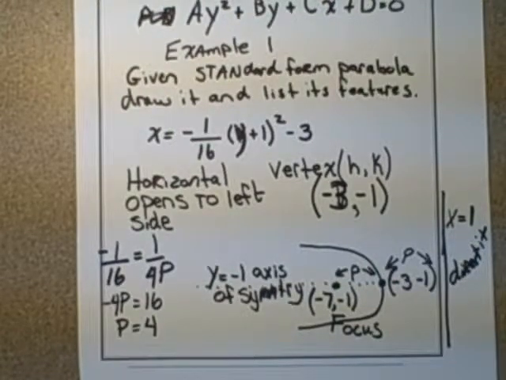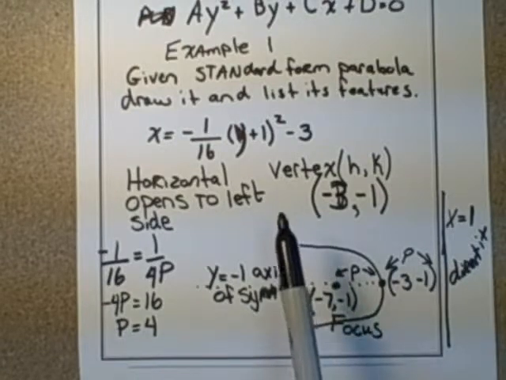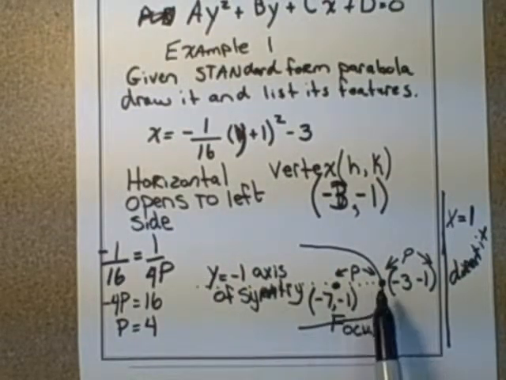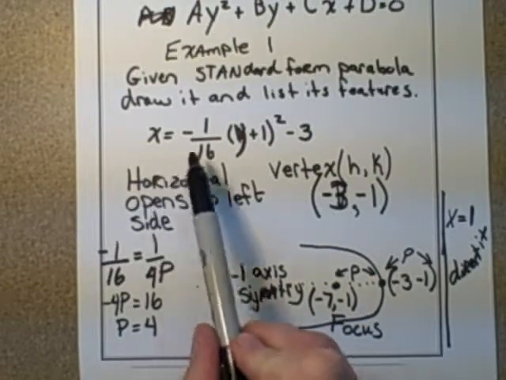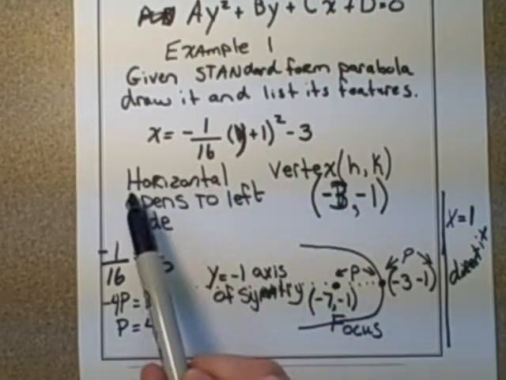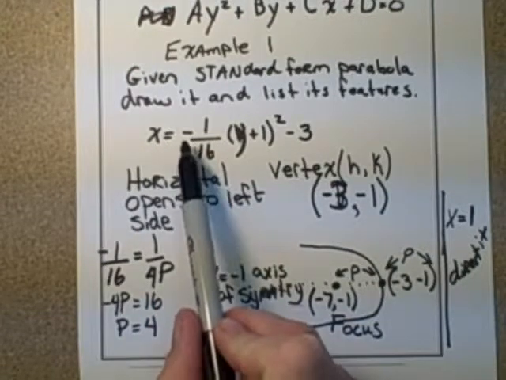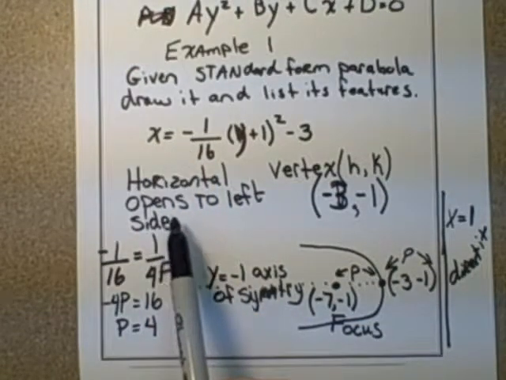So now we've figured out pretty much all we need to know. Let's just double check and make sure we went through everything. What we did first was take the equation and find out what kind of parabola it was by looking at what it was equal to. It's horizontal. We looked at the sign to see that it was opening to the left.